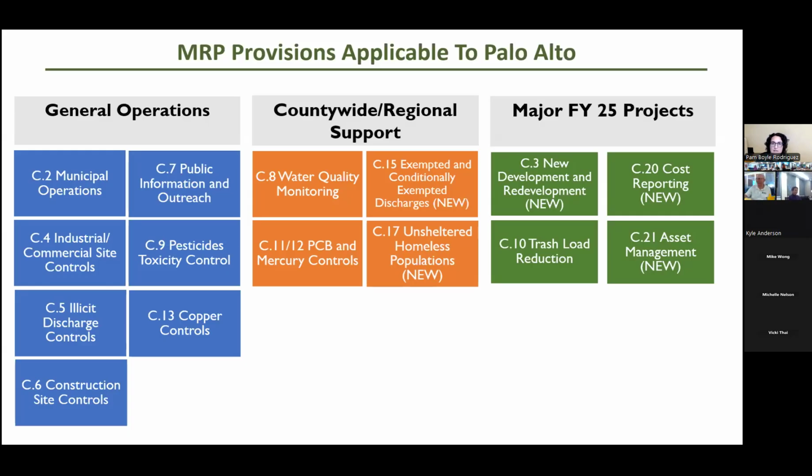What we get calls on a lot is mobile car detailers, and we do enforce on that. We give them a warning in the beginning. They are required to contain that water, vacuum it up, and take it somewhere where they can dispose of it in the sanitary sewer. Because they are a business, we do enforce on them.